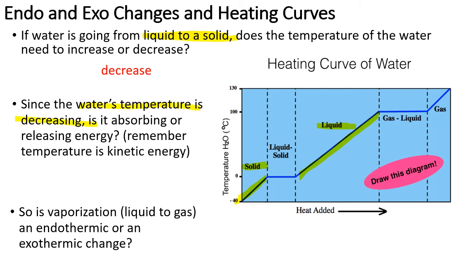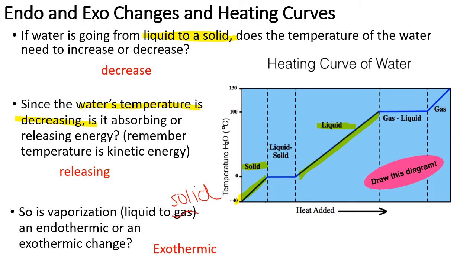If the temperature is going down, that means there's less kinetic energy, so energy has been released. So is liquid to solid an endo or an exothermic change? If energy is being released, it is exothermic.